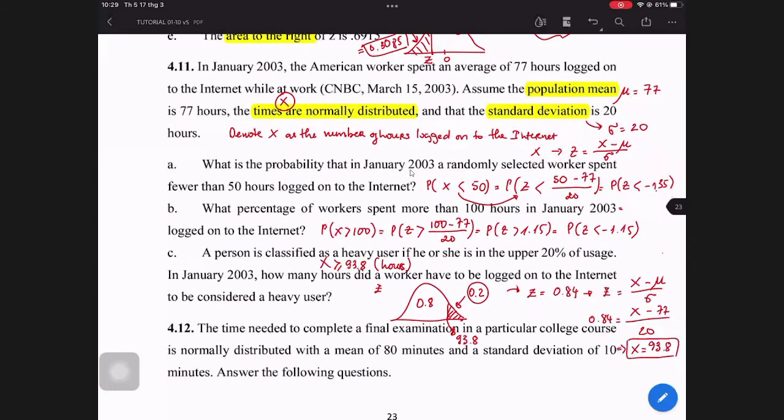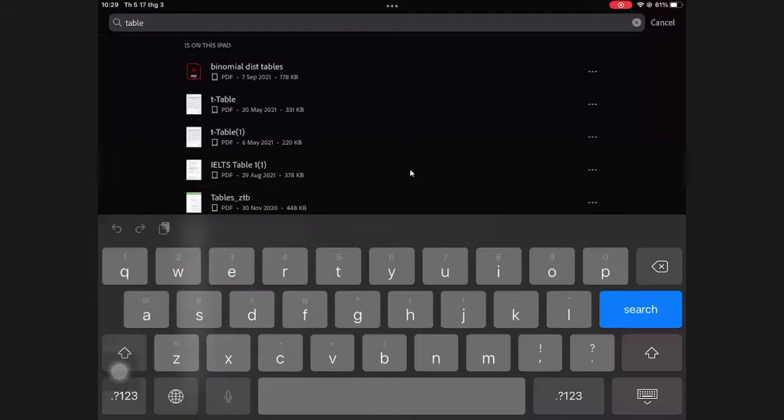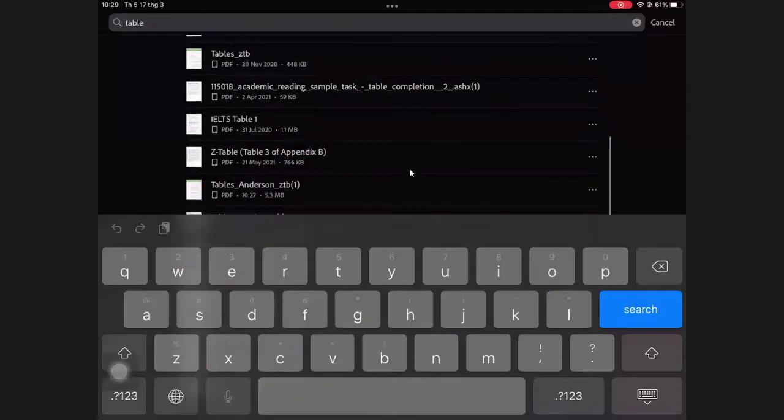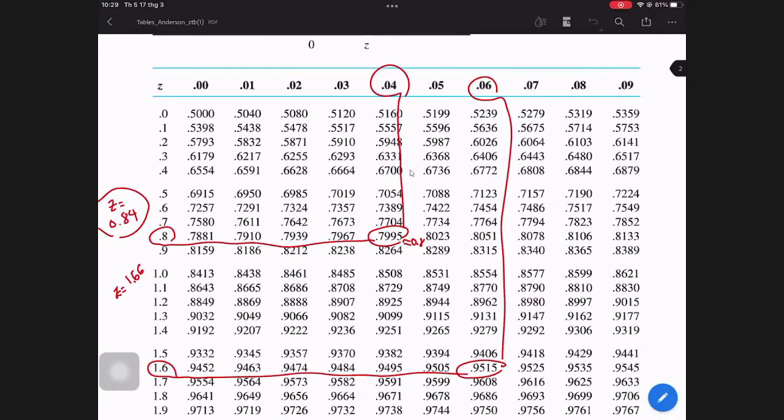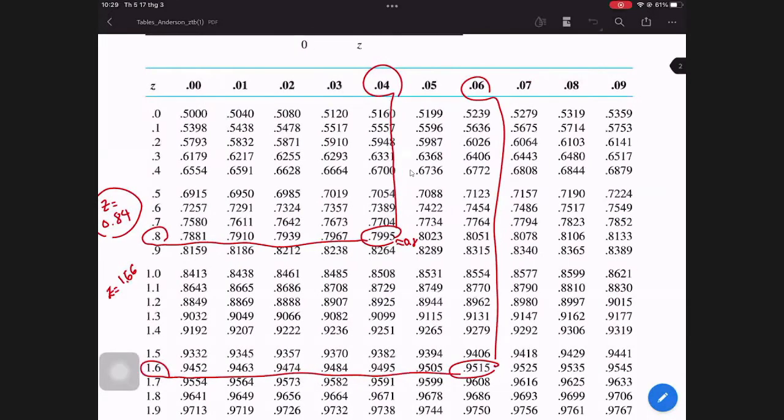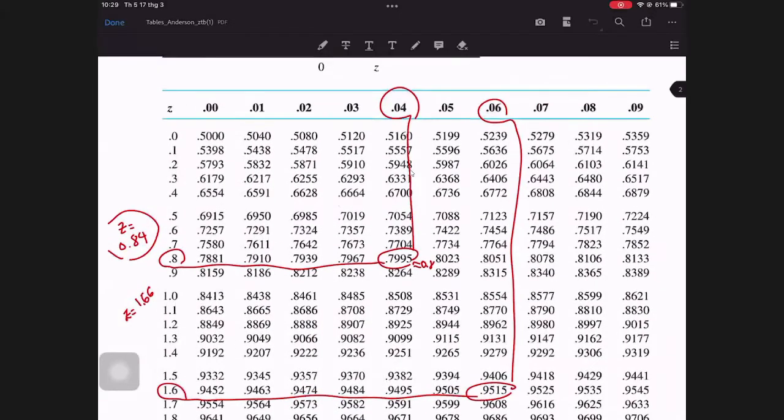Okay, I understand your question here. Now let me show you the graph again. Her question is, we have to take the average of these two values, right? But we won't take the average of these two values unless they are the same distance from the value that we want.